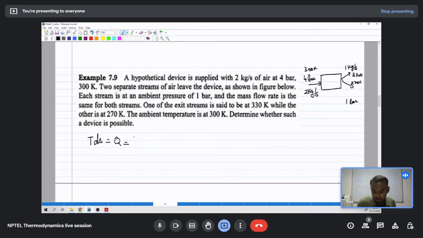So this is dH plus V dP, and now I know dS is equal to dH by T plus V by T into dP.